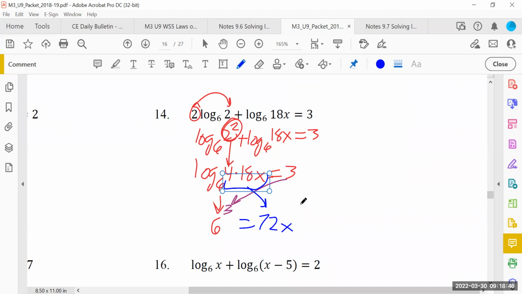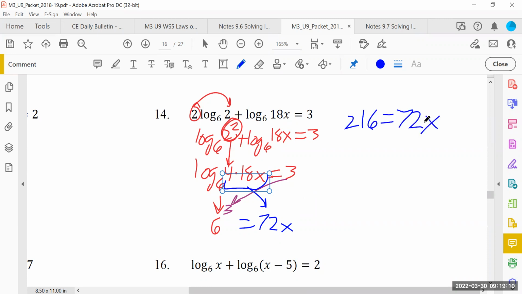And then 6 to the 3rd power. So 6 times 6 times 6. What's 6 times 6 times 6? 216. Okay, it is 216 equals 72x.